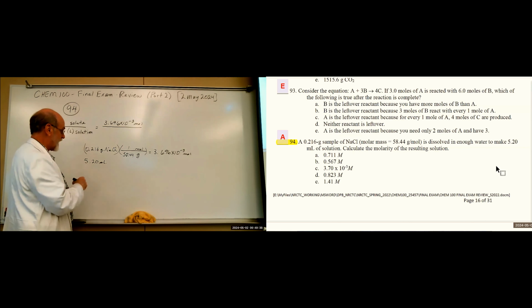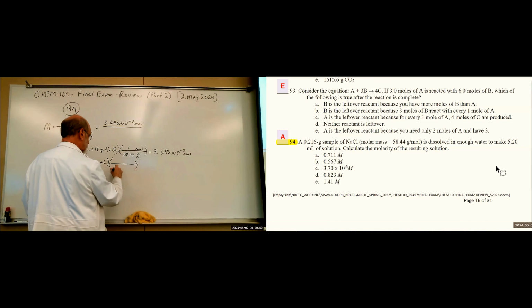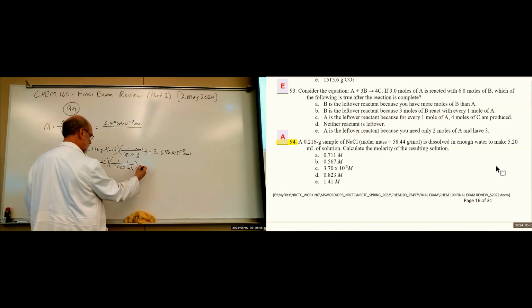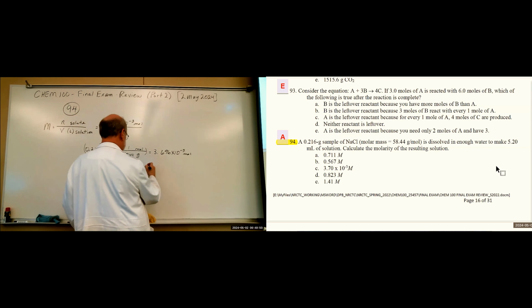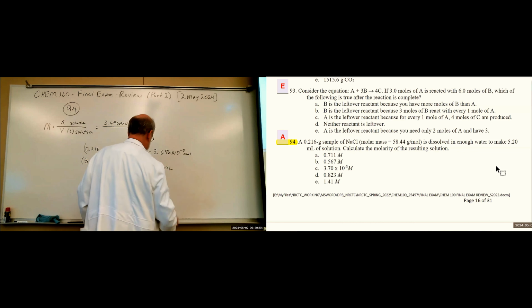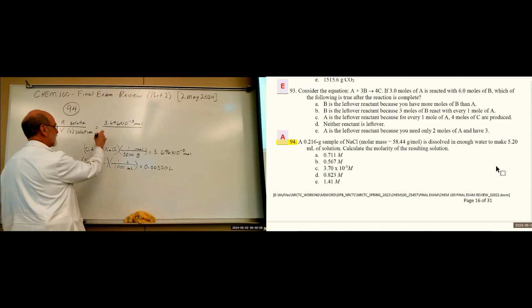But if you don't remember that, just use your conversion factor: 1,000 milliliters for every liter. That will give you 0.00520 liters. So we put that up here.